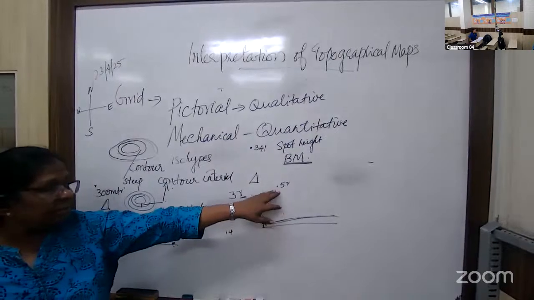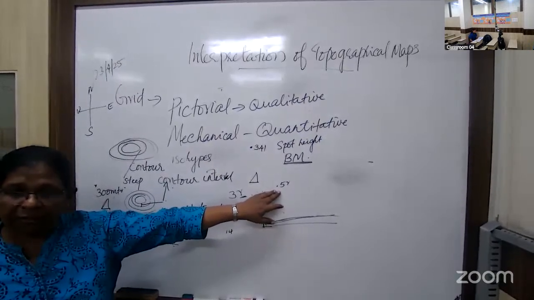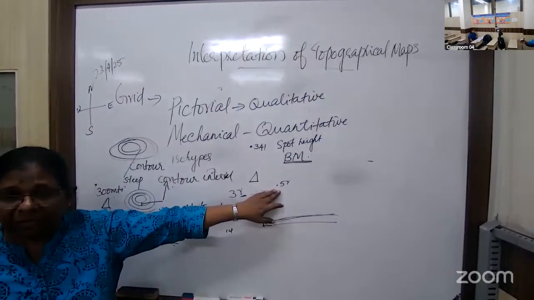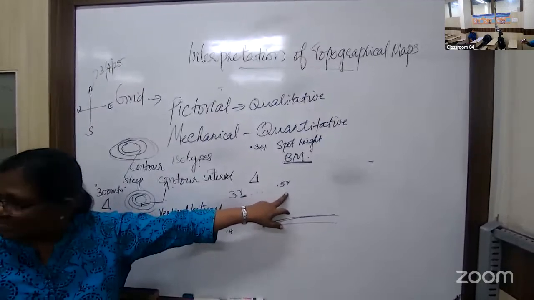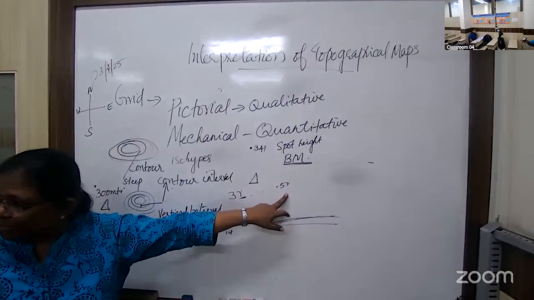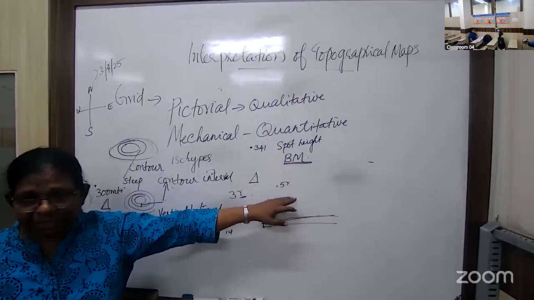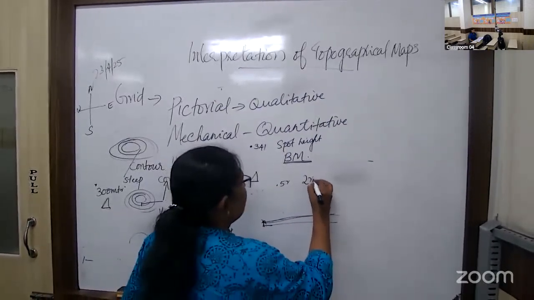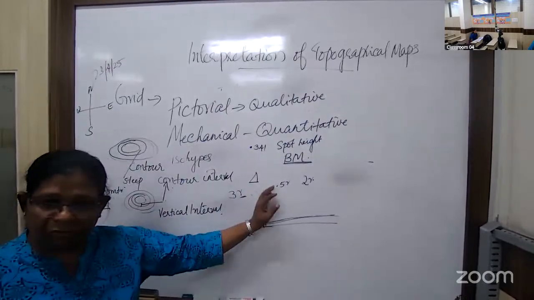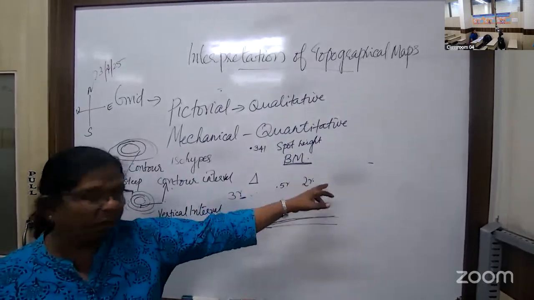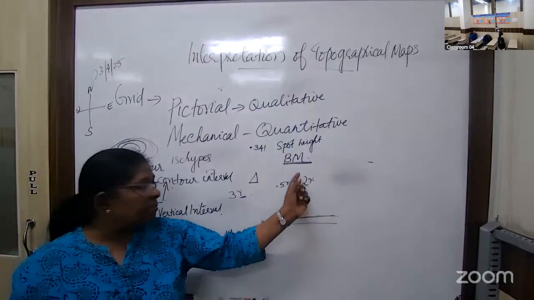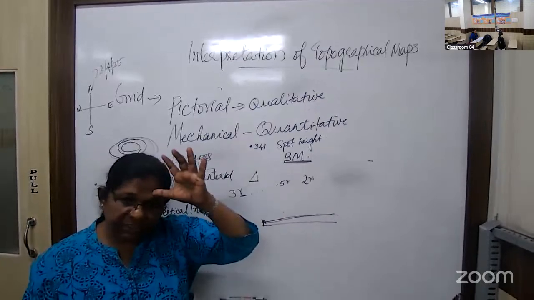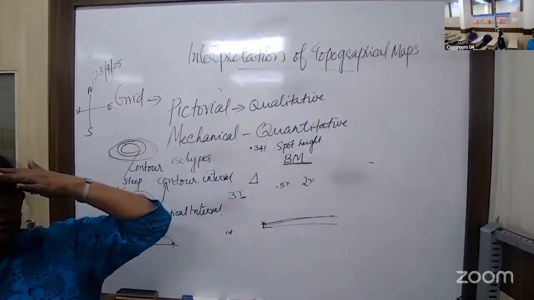So what is the meaning? That means the relative height of that place is 5 meters. Understand? So if I am writing 2R dot, both ways, first also we can put the dot or last also we can put. That means the relative height. This is clear.